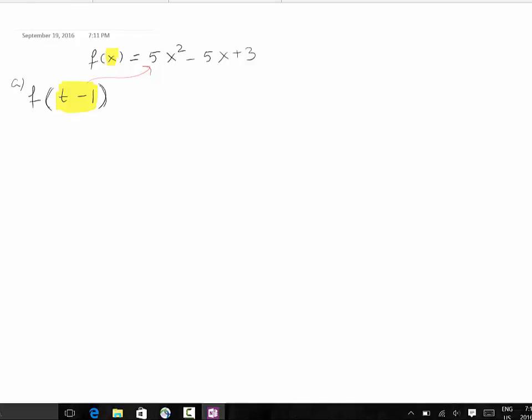If I'm going to write the original equation, the constants, the numbers that do not change, but wherever I see x, now I'm going to put (t minus 1) squared, t minus 1 in place of x, plus 3.